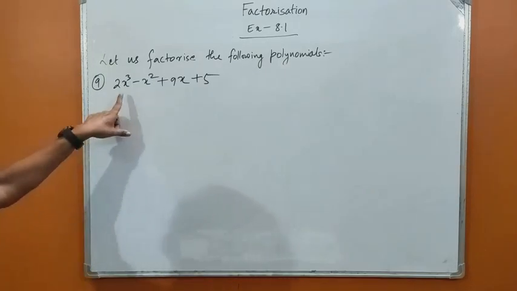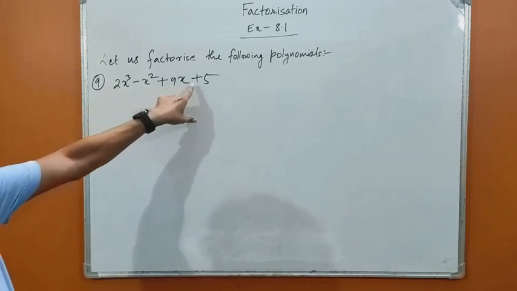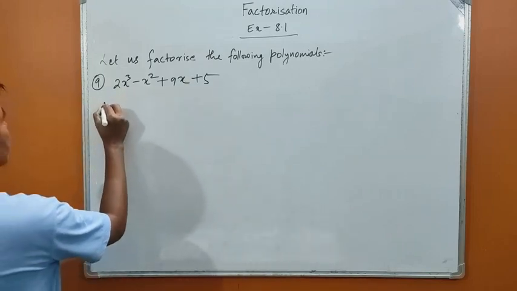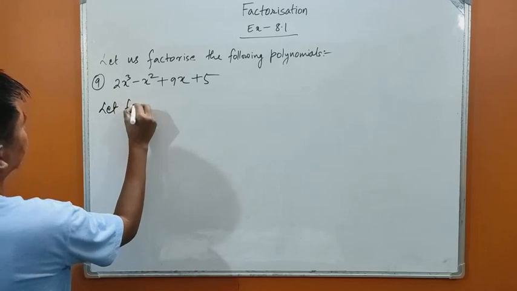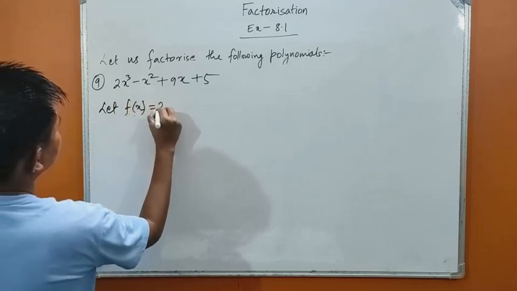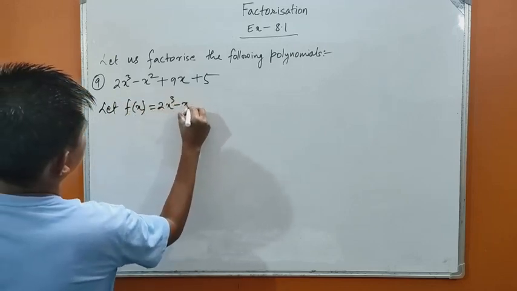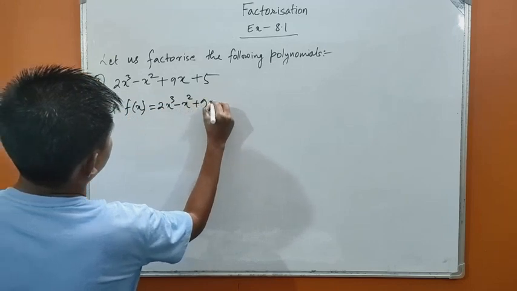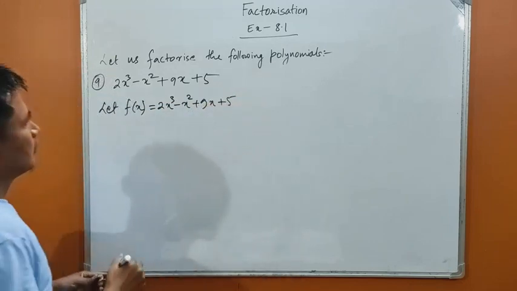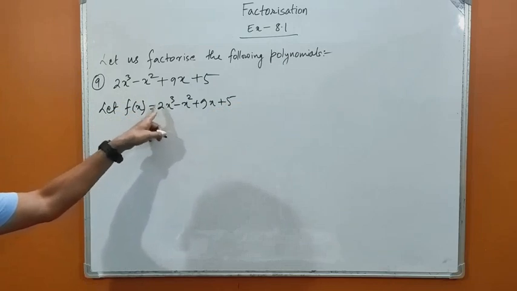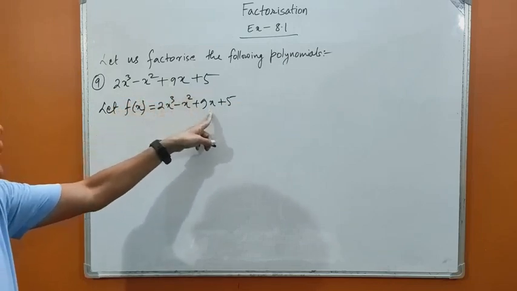Now number 9, we have 2x cube minus x square plus 9x plus 5. Okay, now let f(x) equal 2x cube minus x square plus 9x plus 5.